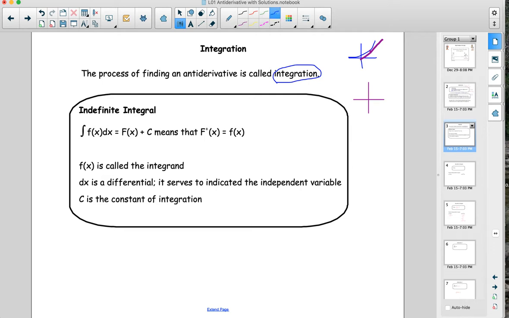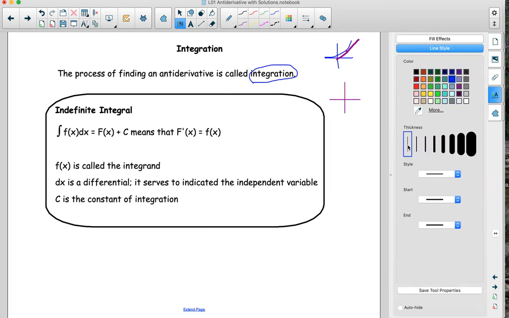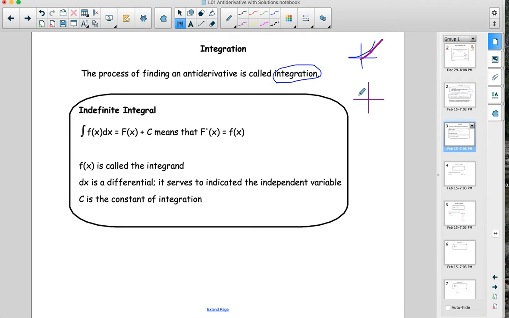Let's draw a curve. In integration, you'll see in the next part of this lesson, we're going to try and figure out how you can find the area under the curve. So the process of finding the area under a curve is the second branch in calculus.